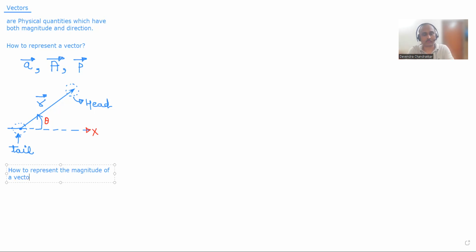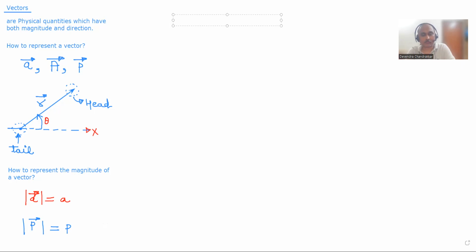It is simple. If we have vector A, its magnitude is represented by a modulus sign, or simply you remove the arrowhead from it. Understood? So if we want to write the magnitude of, say, vector P, you write it as mod of P, or simply P without the arrowhead. Understood, both of you? Yes, sir.